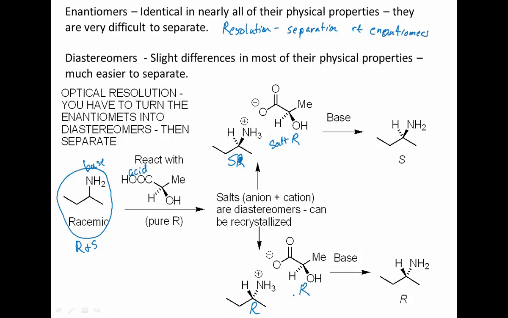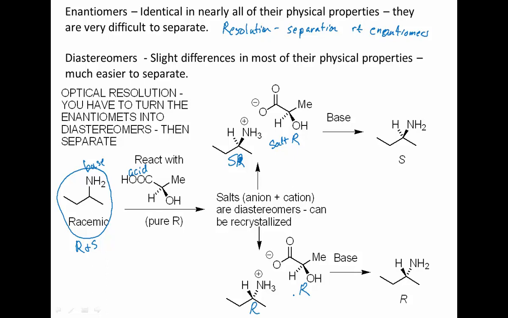And what you see here is these salts are diastereomers, and it turns out that they have different melting points, and you can recrystallize these compounds. It takes quite a lot of skill to do that, but these are quite readily resolved simply by recrystallization.